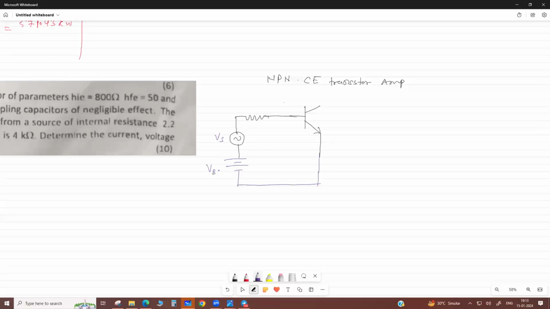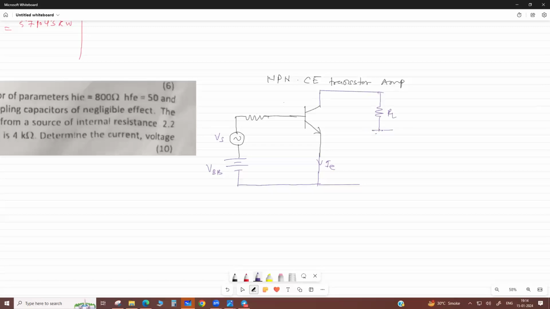This is called the base voltage. Then this is the emitter current IE. Then it goes to this. Here this is the load. Across this load resistance we get the amplified signal.